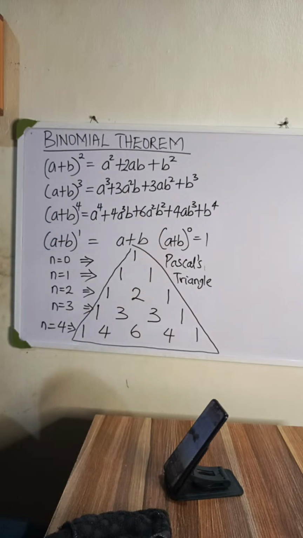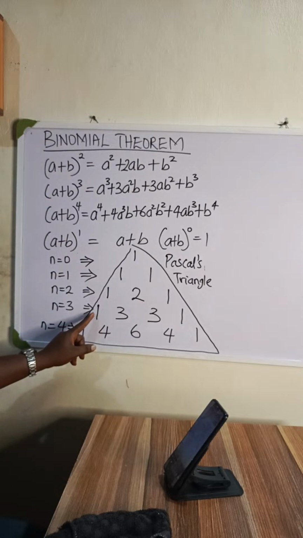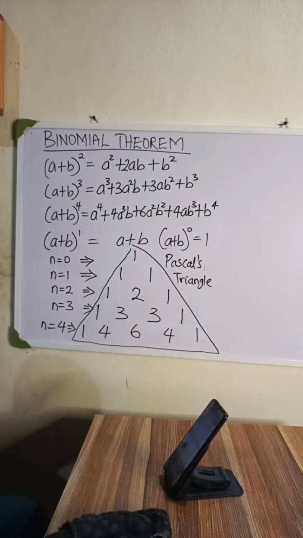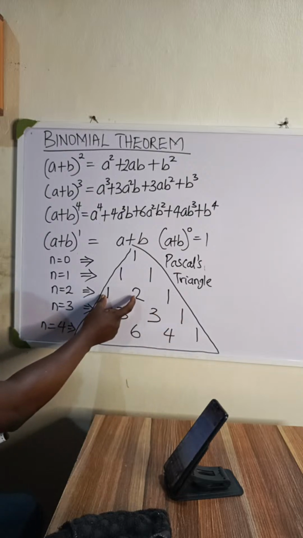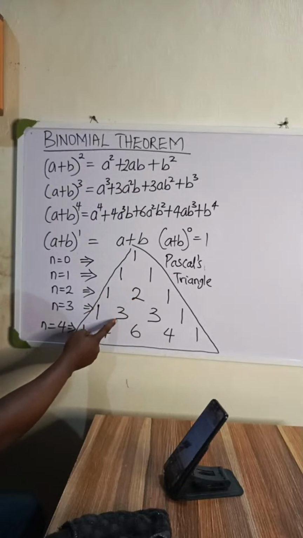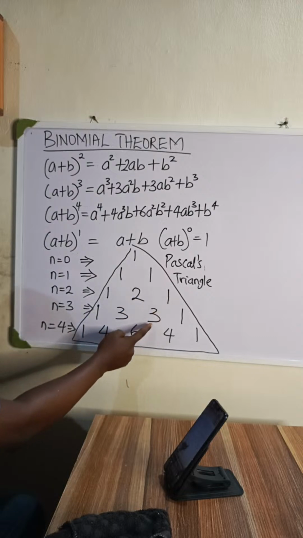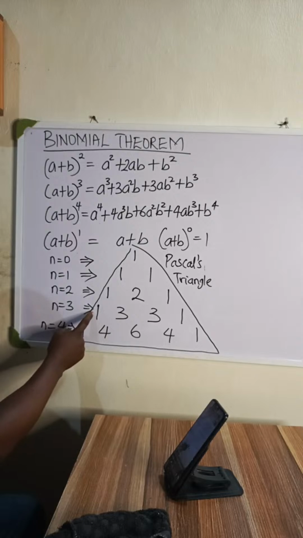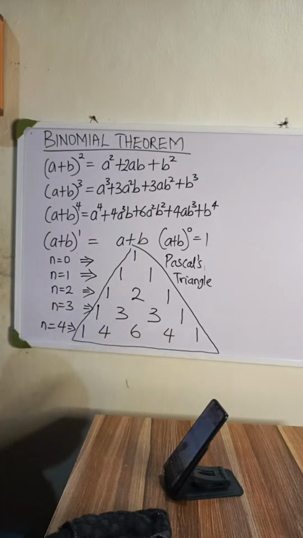We are generating a pattern. Okay? Next, we know that here the two numbers outside must be 1, but from the previous row, 2 plus 1 gives us 3. 2 plus 1 gives us 3. So we are going to have 3's here, and then we are going to have 1 outside.